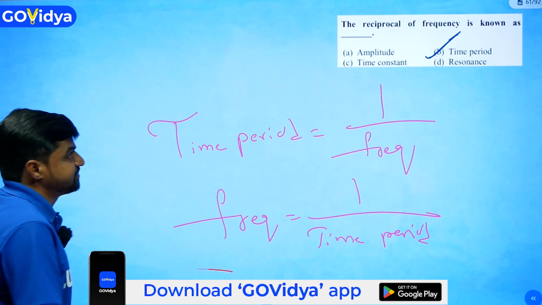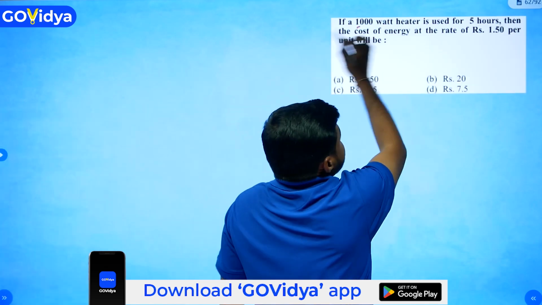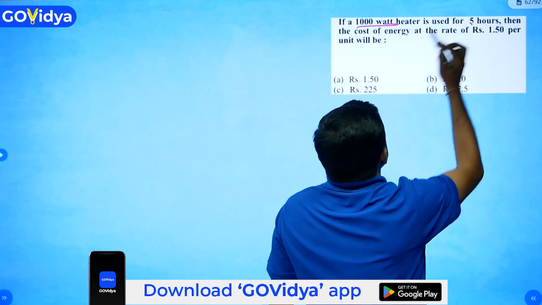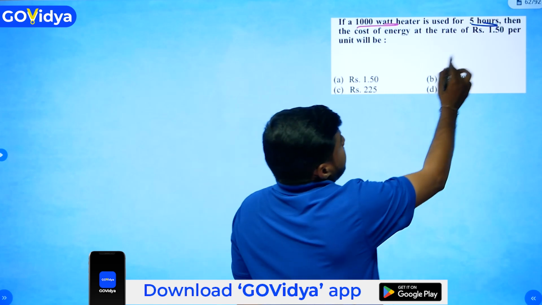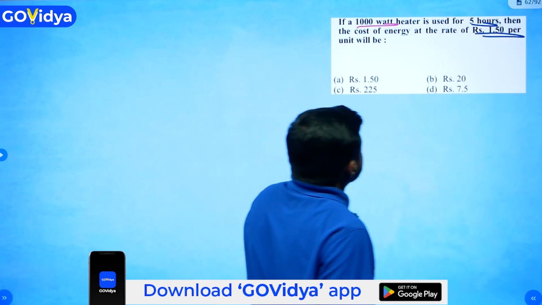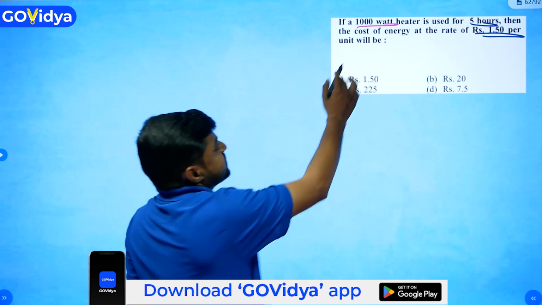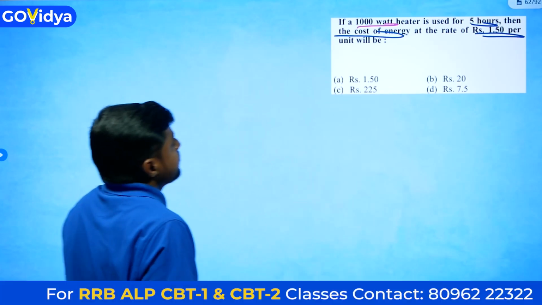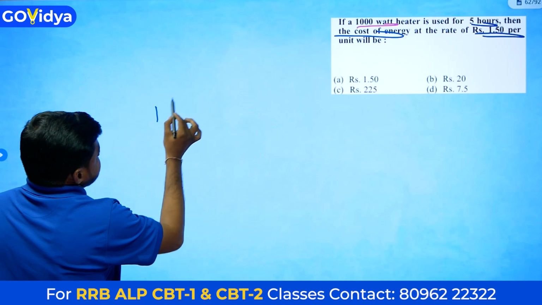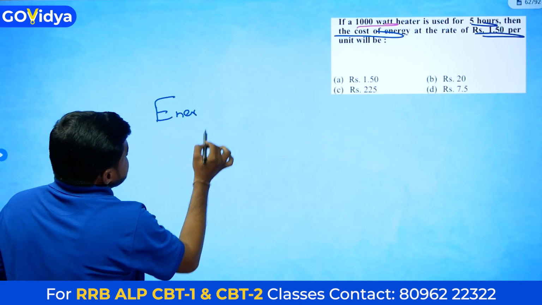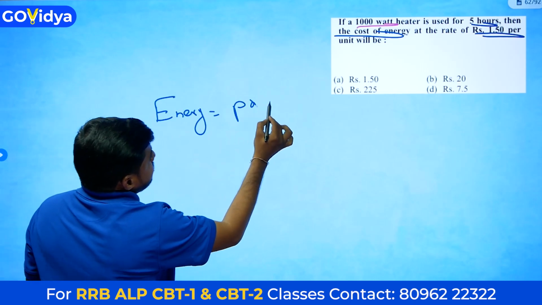Okay. Next question. If a 1000 watt heater is used for 5 hours, then find the total cost of energy at the rate of 1.5 rupees per unit. Now energy is equal to power into time.